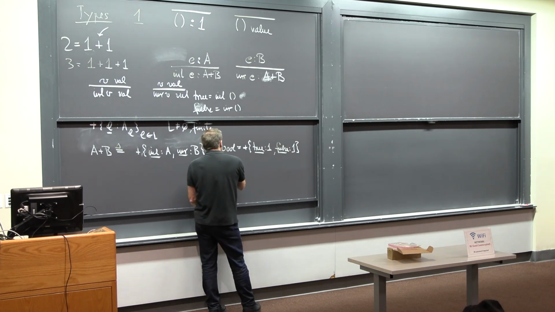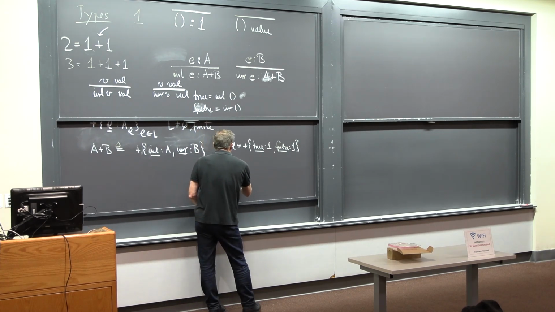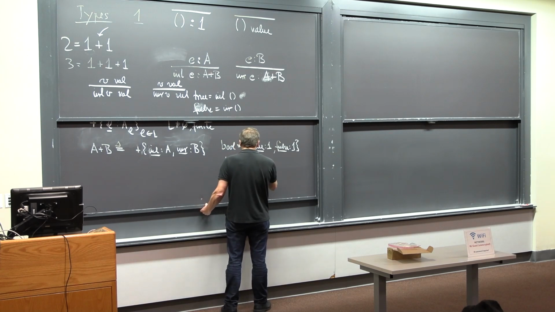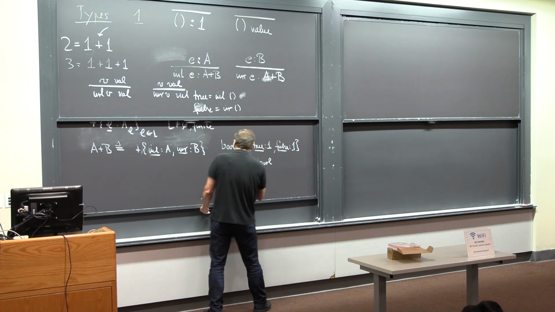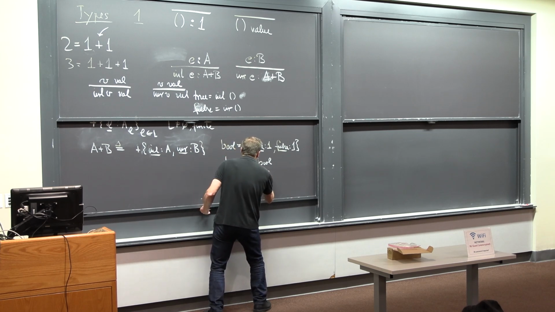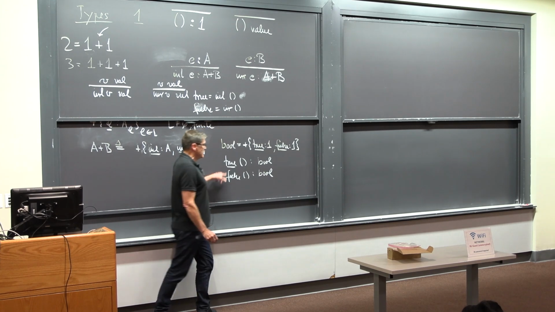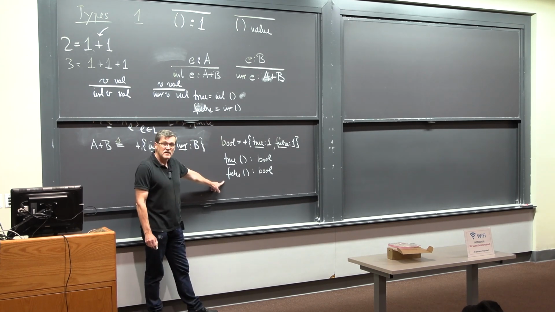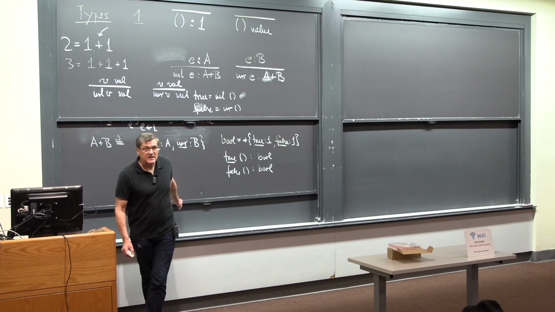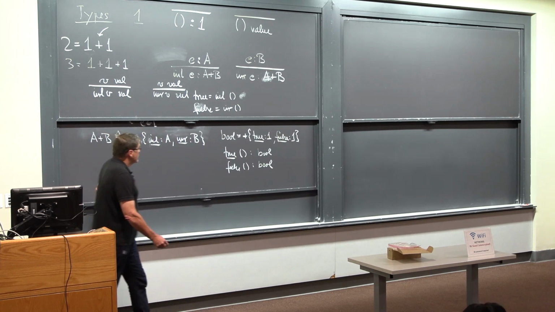So now true applied to unit is of type bool, and the tag false applied to unit is also of type bool. And these are the only values of type bool. Okay. So being able to sum up types that I already have creates fresh types that have interesting structure.